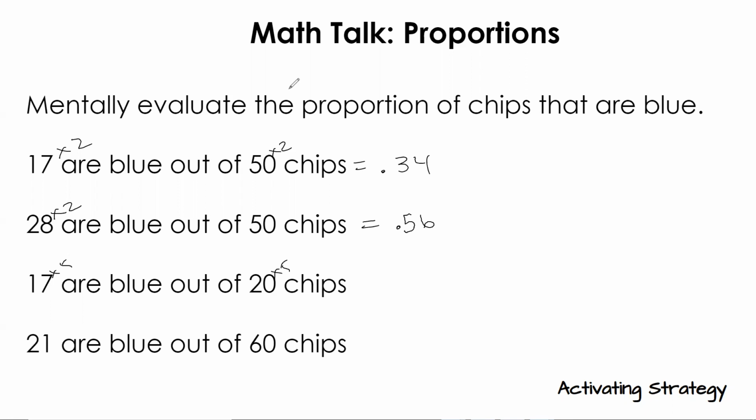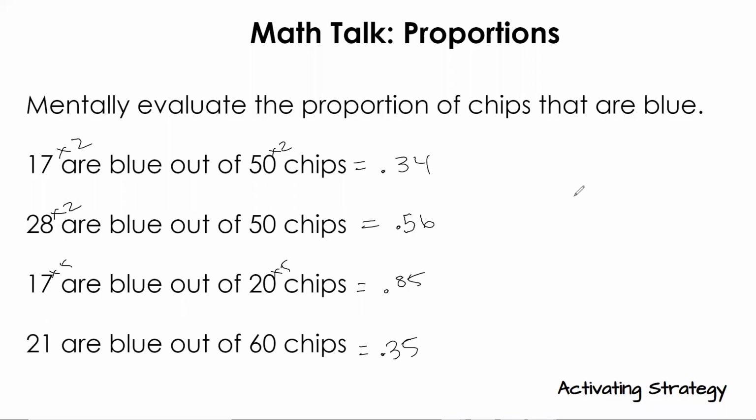So if we take 17 and multiply it times 5, we're going to get 85. So we're going to get 0.85. This last one, you probably won't be able to do really in your head. I mean, you could do it a little bit, but that's going to give you 0.35. On your Delta Math, there was a section that was like p hats. That's finding these proportions.